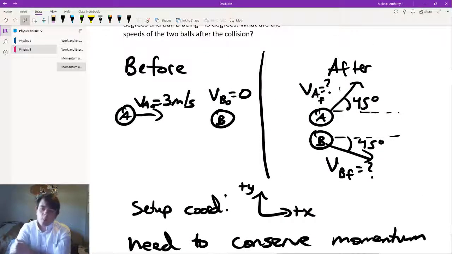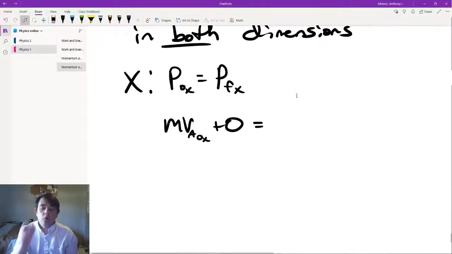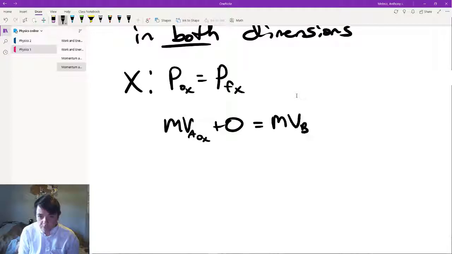Now, we need the x direction of these movements. We don't know what VAF and VBF are, but if they're moving off at 45 degrees like this, we need cosine of that angle to get the x direction. So this will be M VA final, sorry, it's ball A, in the x direction, plus M VB final in the x direction.